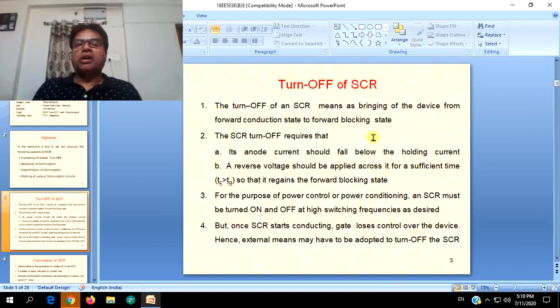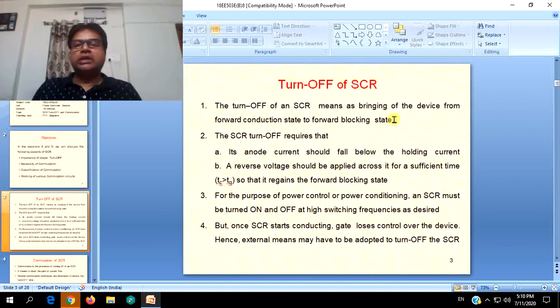So that it will always be ready to be triggered just by giving a gate pulse at the required moment. So that is how turn on is achieved, and it is always kept ready to be turned on. That is, it is kept ready in the forward blocking state.